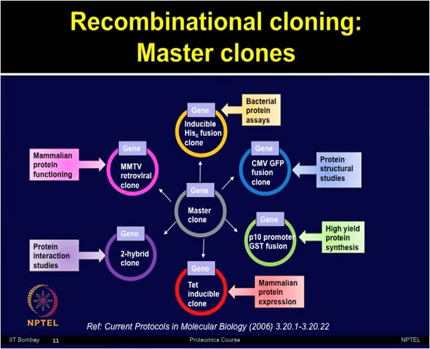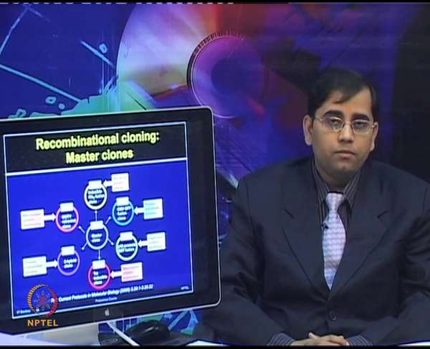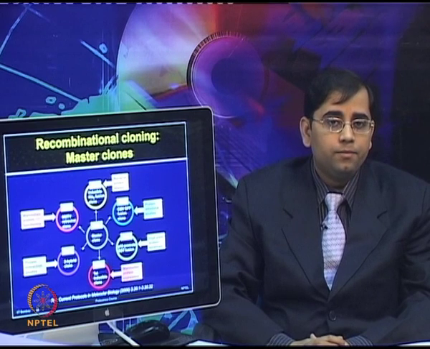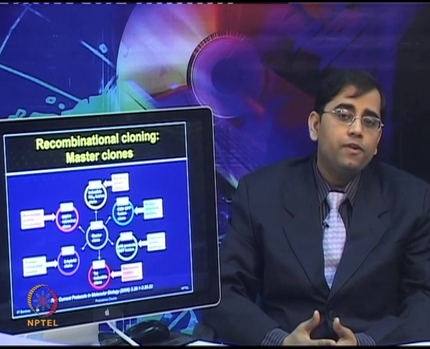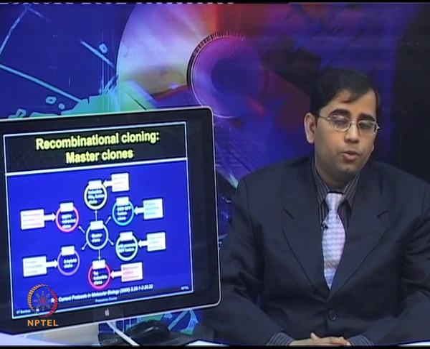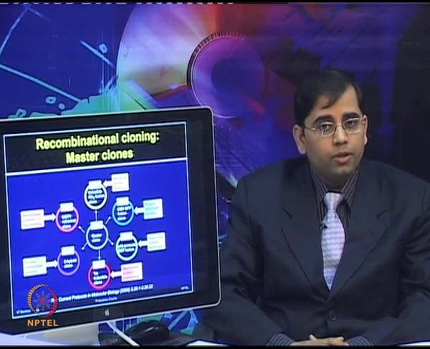Now, tetracycline inducible clones, a mammalian protein expression system that can turn the protein on and off in the mammalian cells. 2 hybrid clone. If your objective is to study the protein interactions, then test the protein function in the mammalian cells by using 2 hybrid clones. MMTV retroviral clones.